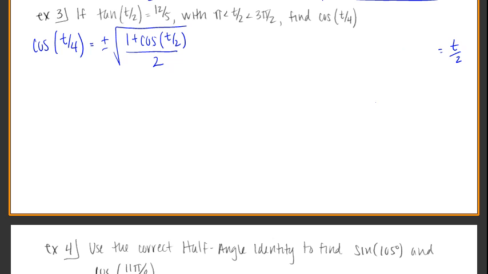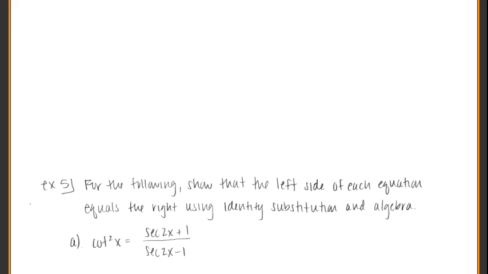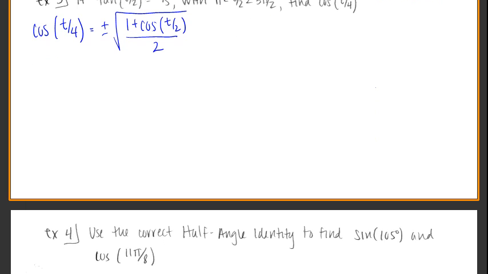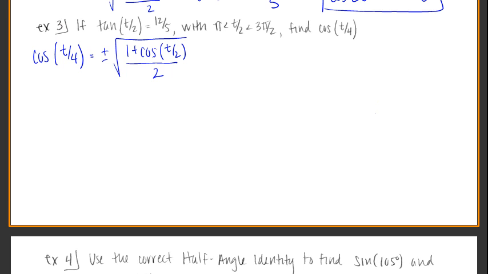Alright, so from there, what's given to me is tangent. So how do I get cosine off of tangent? All I can think of is to use one of our very first identities. Let's see, whoops, come back up here. Okay, the only thing I can think of that we can use, again, is one of our first identities, where we have tangent squared, in this case we'll call it t over 2, plus 1 is equal to secant squared t over 2.